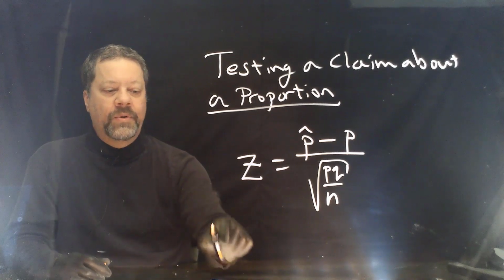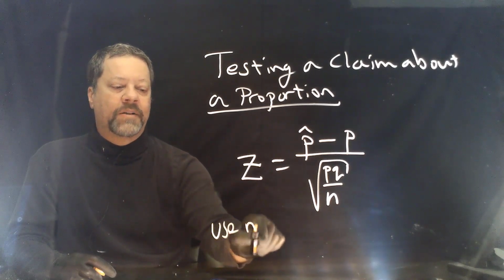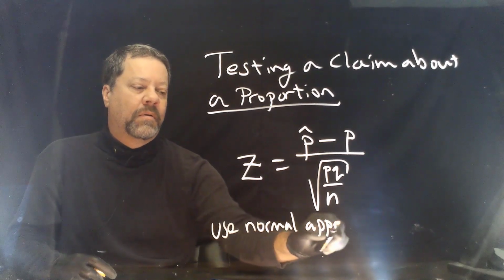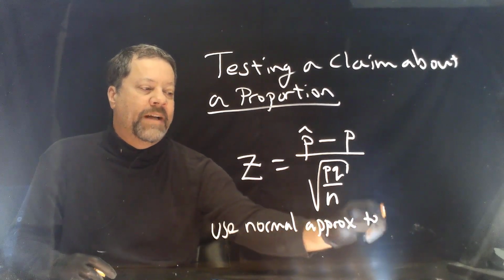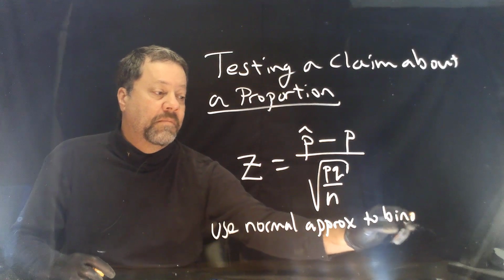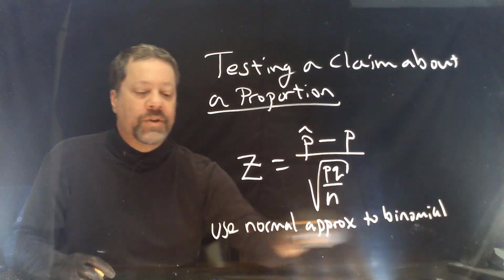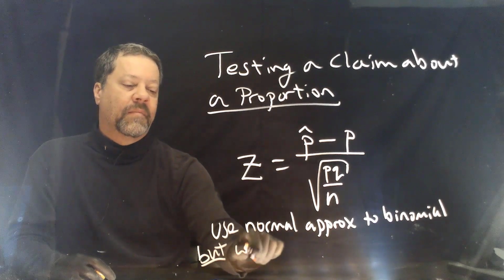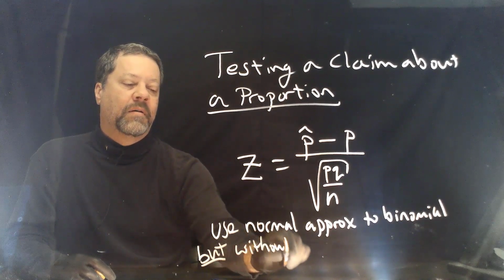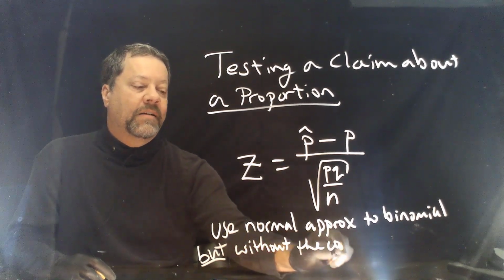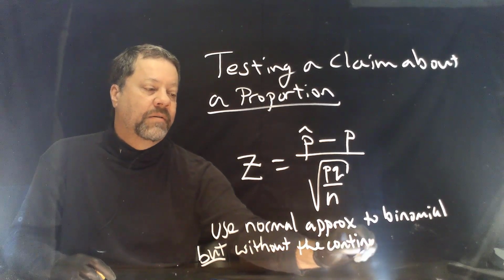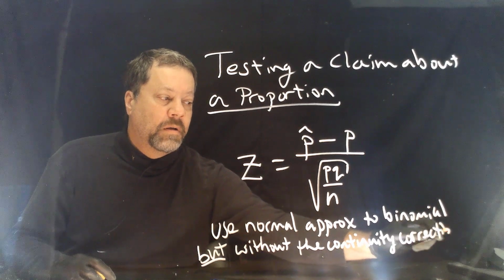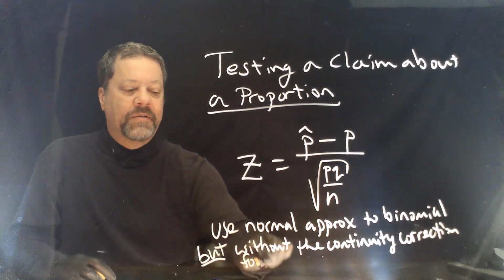And we will use the normal approximation to the binomial distribution, but, and a big but, without the continuity correction for big samples.